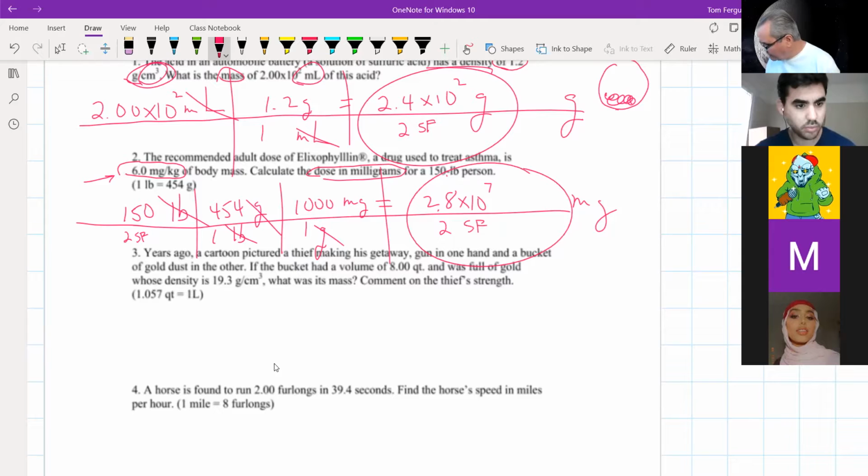Now, if you on the test put down that, I would not mark it wrong.